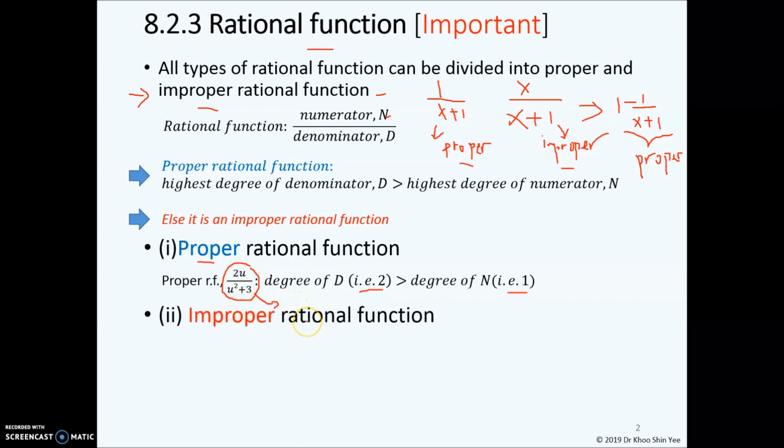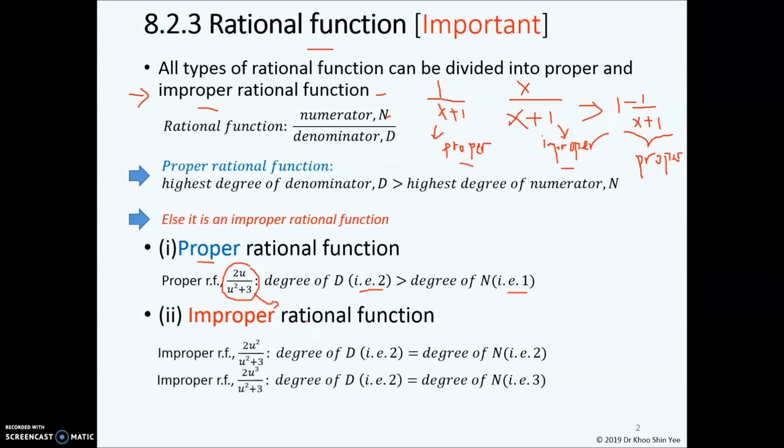For the improper rational function, let's say you have this case where your degree of d is 2 and your degree of n is 2 as well. So in this case, we say that it is an improper rational function, because you can further reduce it. For the last case, at the bottom the degree of d is 2, and at the top the degree is 3.